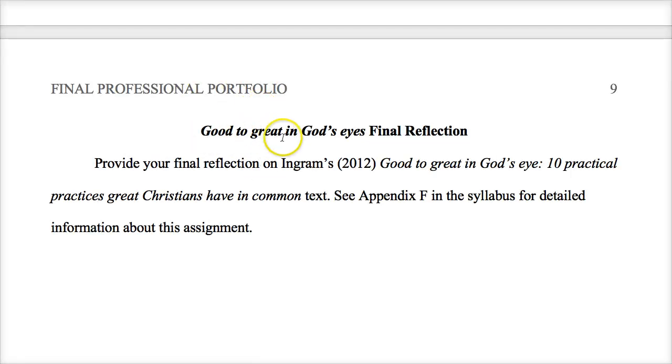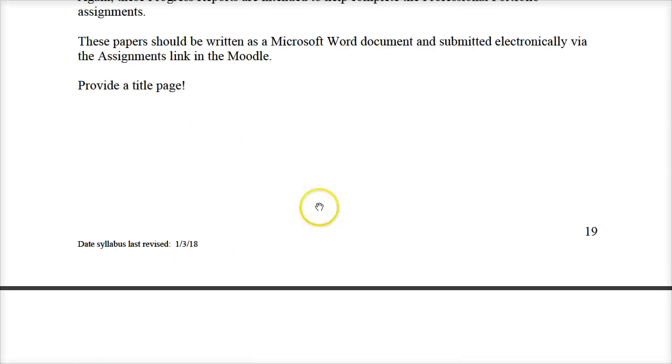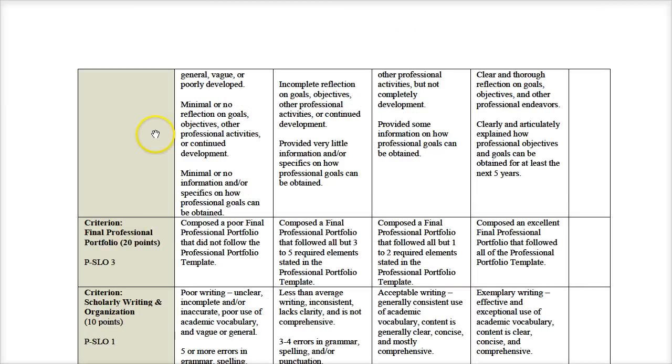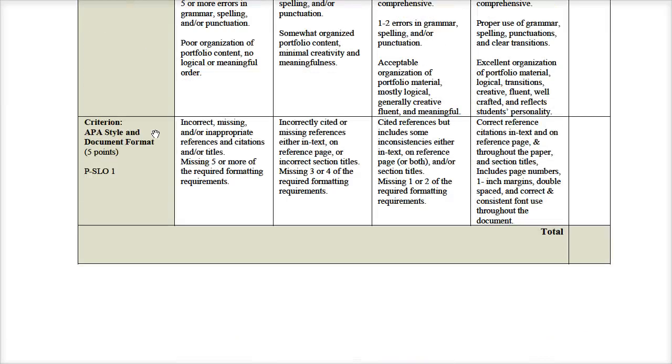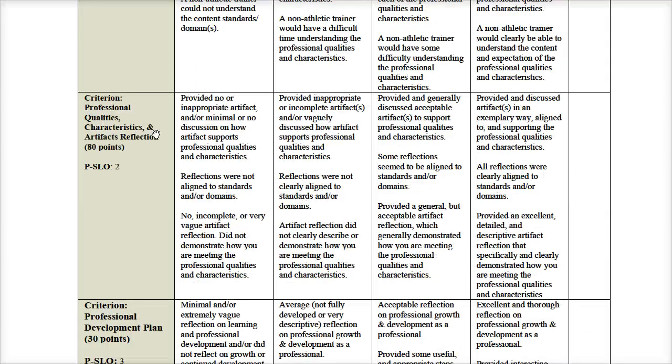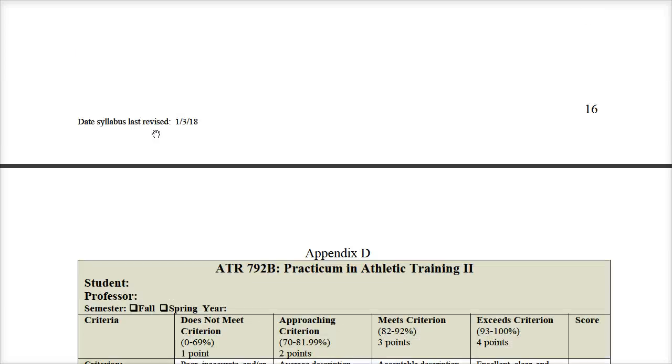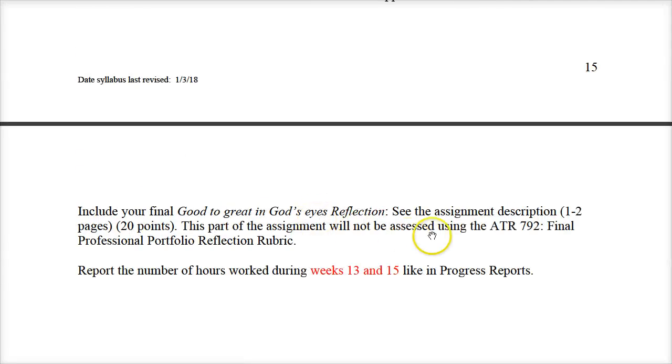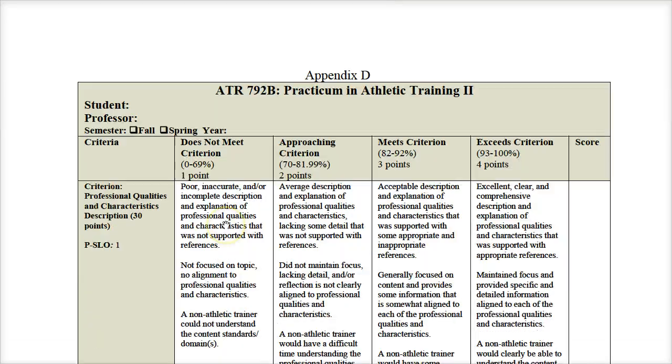Now this, I'm going to scroll up a second. So you'll see that the Good to Great is not going to be assessed as part of this rubric right here that I have. It's included, but it's not included in the final point total. So just so you're aware of that, I didn't include it in this rubric.